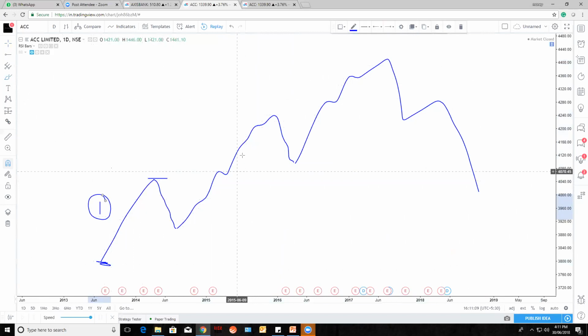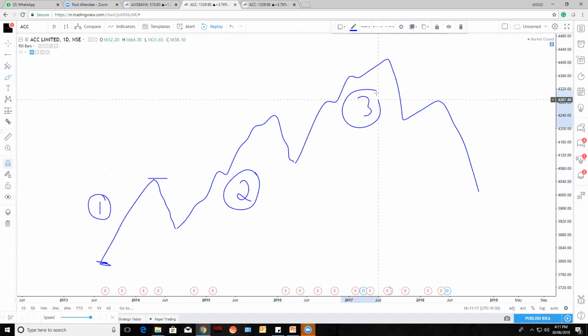This is the second move in the direction, the second wave, and this is the third wave. So he named this as 0, and this as 1, this as 2, this as 3, this as 4, and this as 5.